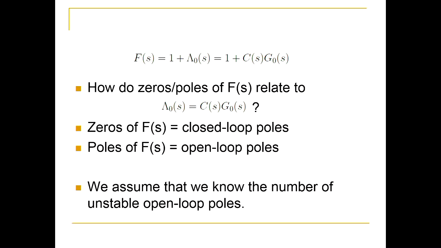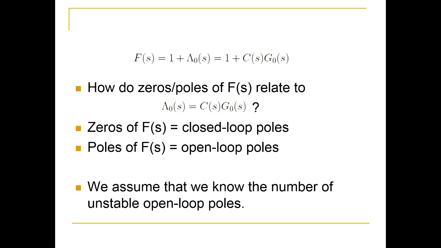So it turns out that the frequency response or Nyquist plot of lambda 0 is the way to connect open loop properties of the open loop transfer function to stability, or locations of poles and zeros of f of s. That's what the Nyquist criterion states precisely.